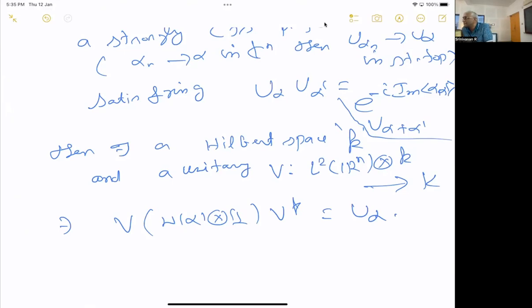We are taking operators on any arbitrary Hilbert space, and an arbitrary representation alpha going to u alpha which satisfies the Weyl relation. Then it is unitarily equivalent to the Weyl representation. That is what this says. This says the Weyl representation is unique up to multiplicity, whatever that multiplicity space k is. Up to some amplification and unitary, the Weyl representation is unique.